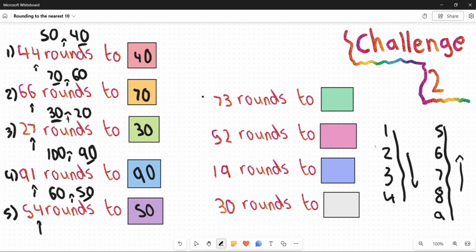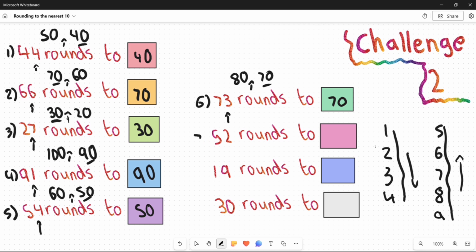Now let's look at question 6. 73 rounds to dash. Now 73 is in the middle of 80 and 70. So when we look at the number in the ones place, which is 3, it tells us that we have to round down. So the closest number to round down to is 70. We're getting really close to the 9th question.